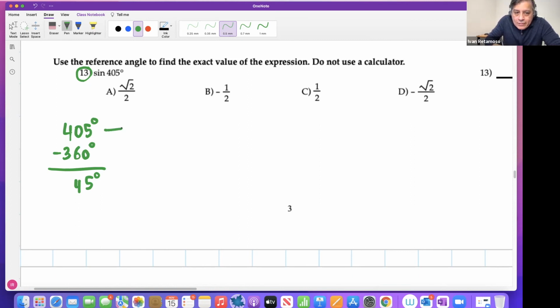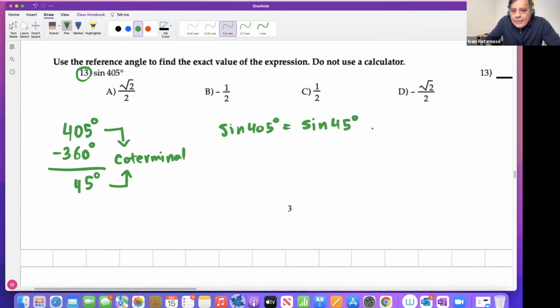These two angles are coterminal, so trigonometrically speaking, they are the same. So sine of 405 degrees is exactly the same as sine of 45 degrees.